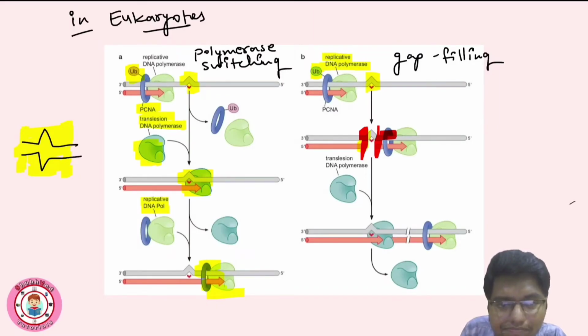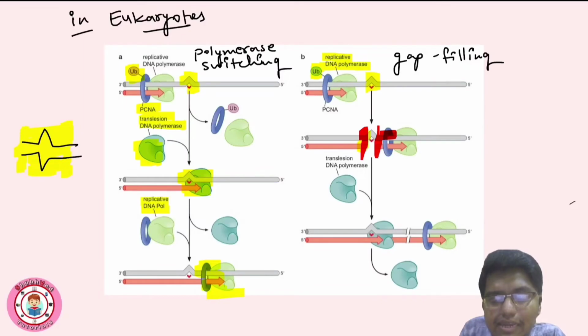And in polymerase switching, first the polymerase stops, then translesion polymerase comes, and again replicative polymerase comes, but here the gap is filled later on. Okay, so these are the two models in eukaryotes.